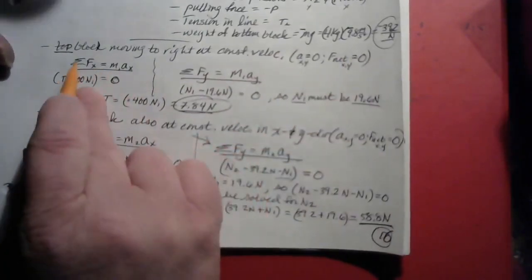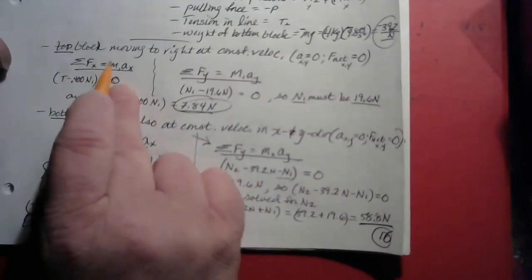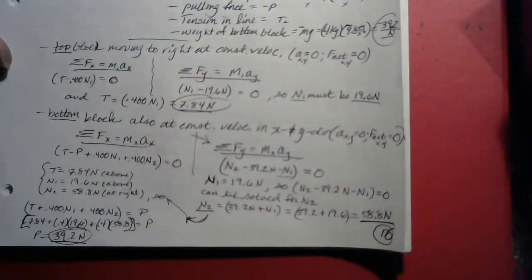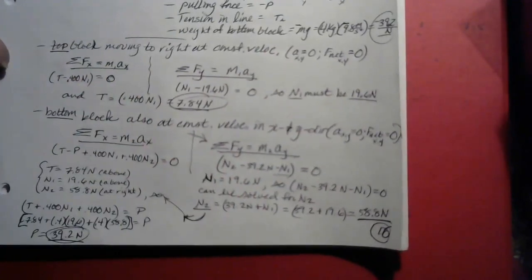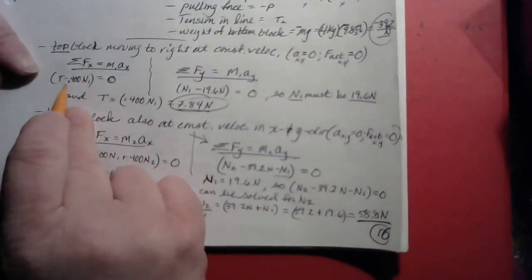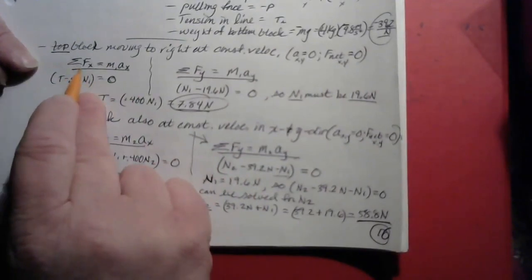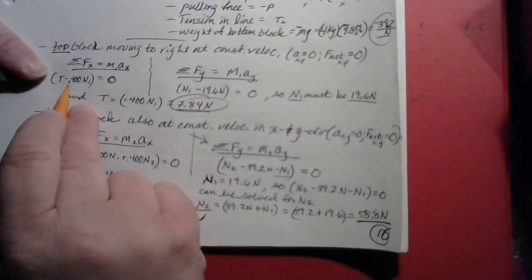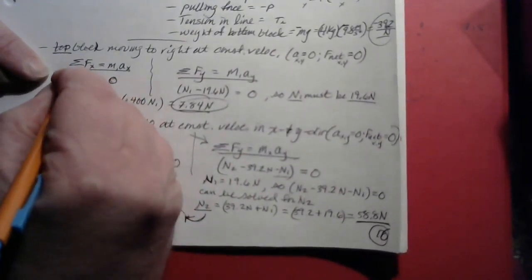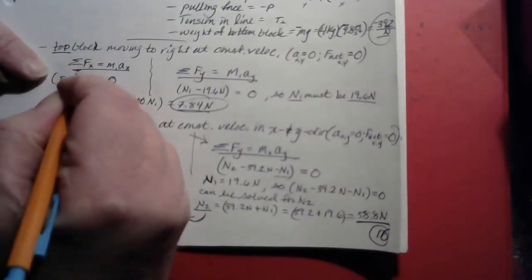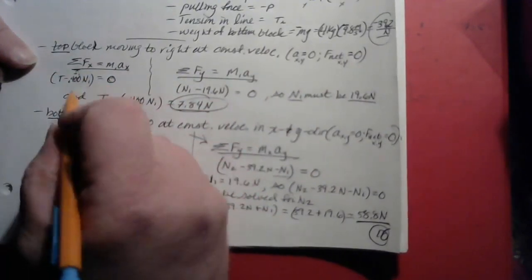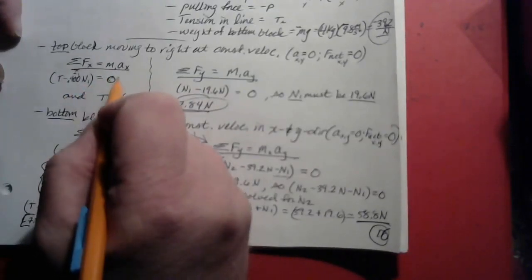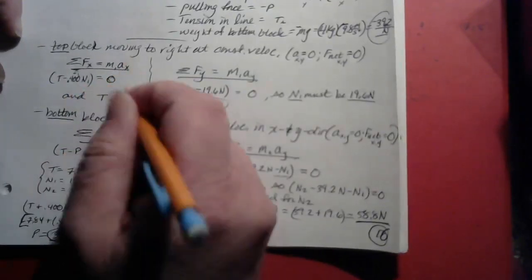For the top block, you can sum up all the forces in the x direction, which should be equal to the mass of block 1 times acceleration in the x direction, while the summation of all of the forces on block 1 in the x direction would be the tension in the string minus F1, which is 0.4 times the normal force for block 1, and that equals 0.